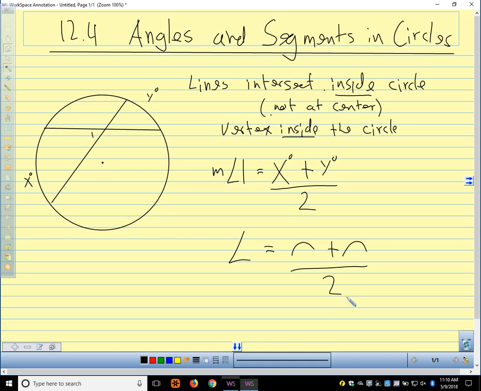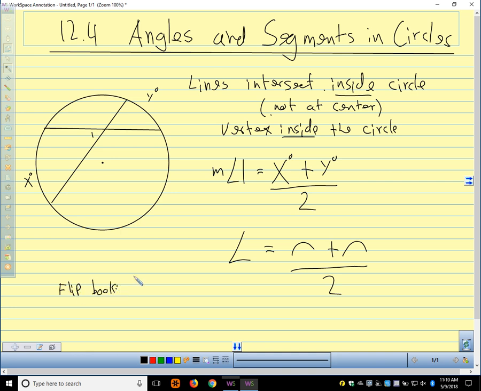In your flip book, this picture is the second one on the page inside the cover. So in your flip book, what I would suggest that you write for this one is the vertex is inside the circle. I'm just going to have you fill out the part about the angle because I think that's what makes the most sense.